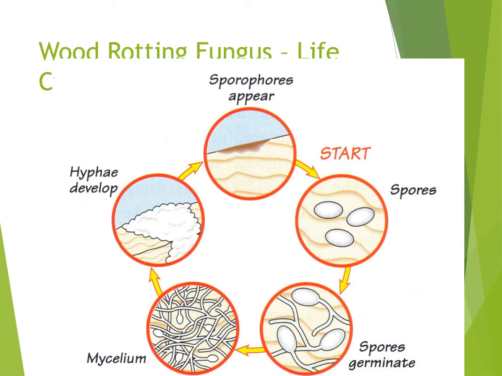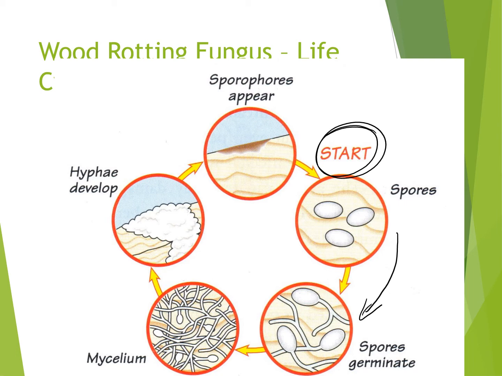This is the life cycle of a fungus. I'll just get my pen here to draw on the screen. It starts here, where spores develop on the wood. These spores then germinate.